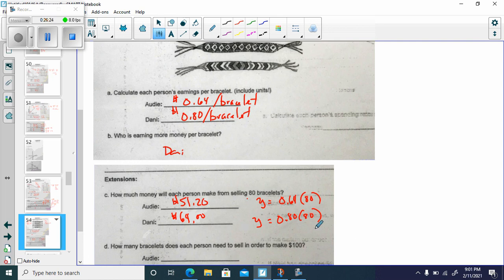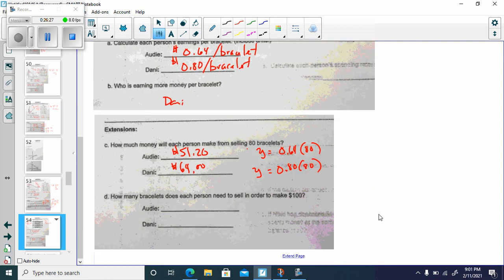How many bracelets does each person need to sell in order to make $100? Okay, if I need a total of $100, that would go in for my y. 100 would equal 64 cents per bracelet times your number of bracelets. I divide both sides by 64 cents per bracelet.